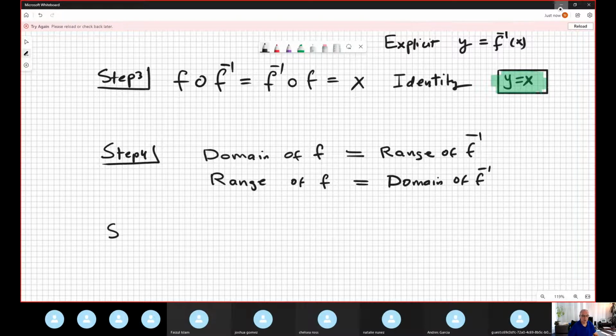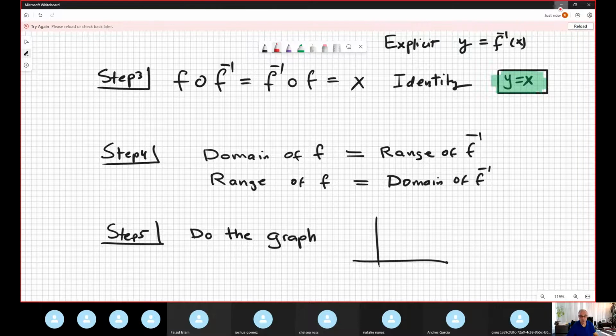And step 5 is the most important: do the graph. Do the graph of both. You see the graph of the original is like that. The graph of the inverse is symmetric with respect to the line y equal x.